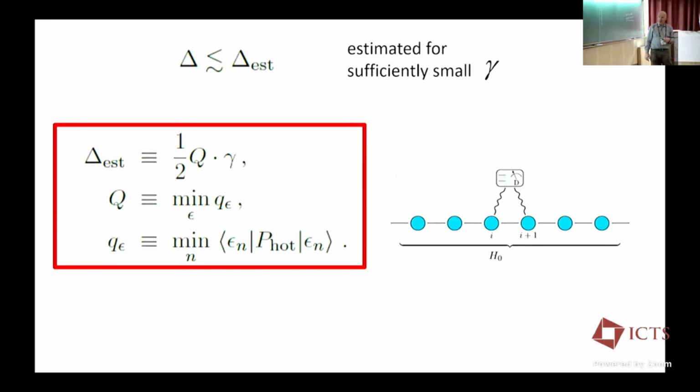So I calculate these matrix elements, and I go to the smallest one. Intuitively, I go to the excited state which has the smallest overlap with the Hilbert space on my particular cooled link. So I take this Q, and Q times gamma is my estimate of the rate.